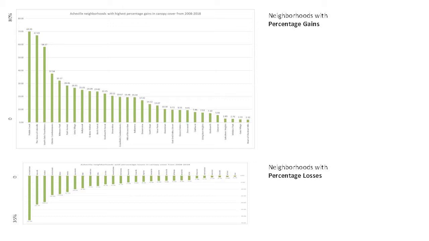There are neighborhoods that had substantial gains in canopy, if you look at the top graph, and there are neighborhoods that had substantial losses in canopy. Why? I don't know. But there are neighborhoods that have managed to maintain, grow out, or plant trees, while other neighborhoods have not had that success. Why? We don't know.